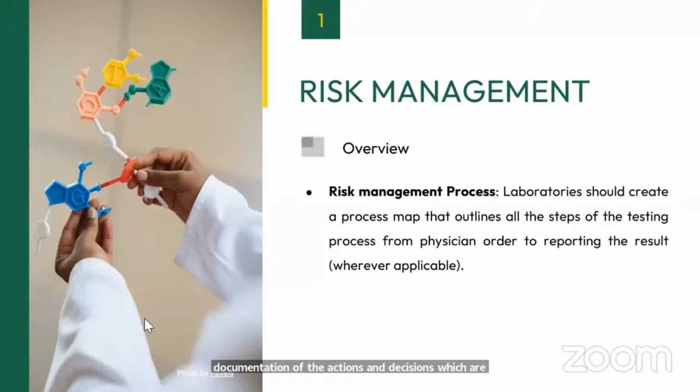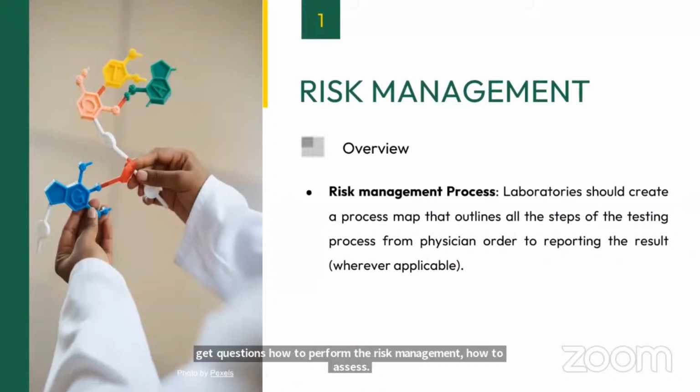Next concept in risk management is the risk management process. The laboratory should create a process map that outlines all the test steps of the testing process, from physician order to the reporting of the results, wherever possible. Many times I get questions on how to perform risk management and how to assess the risk.